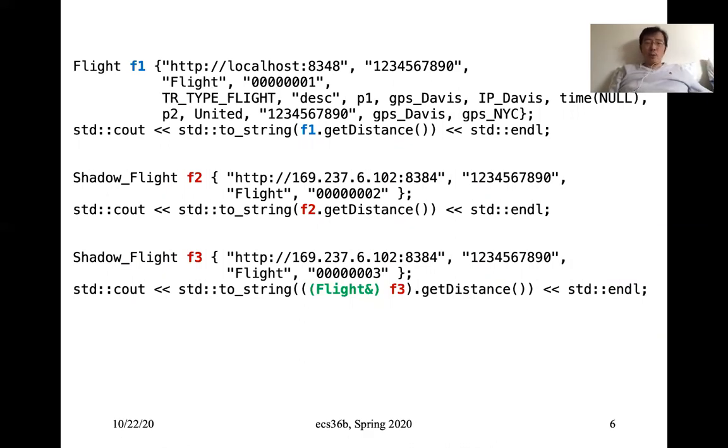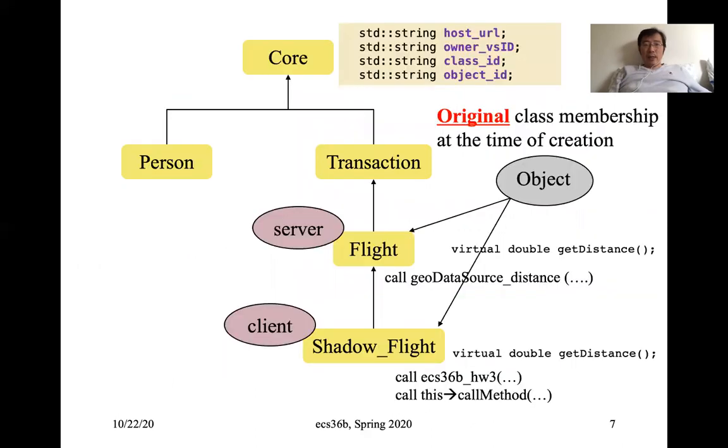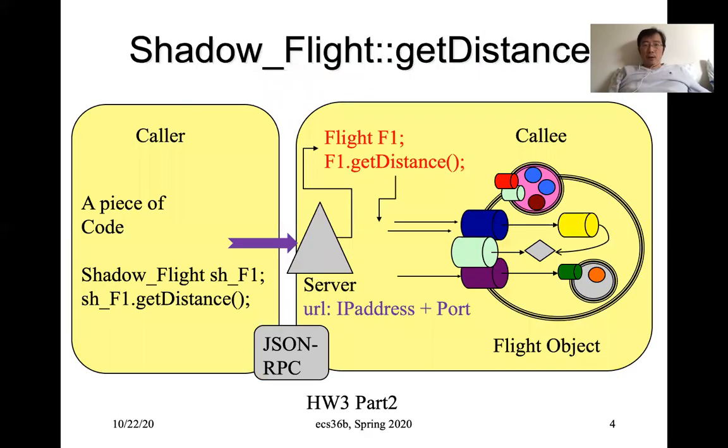So essentially, when we go back here and I make a remote call, this call will be routed to the server. The server needs to do a binding.